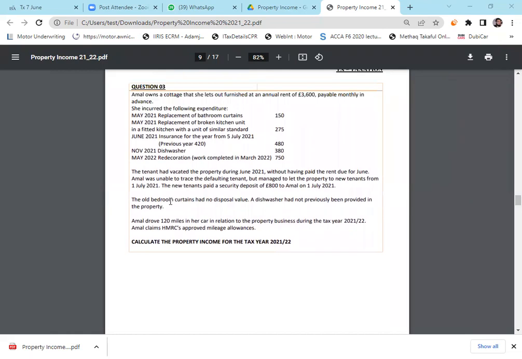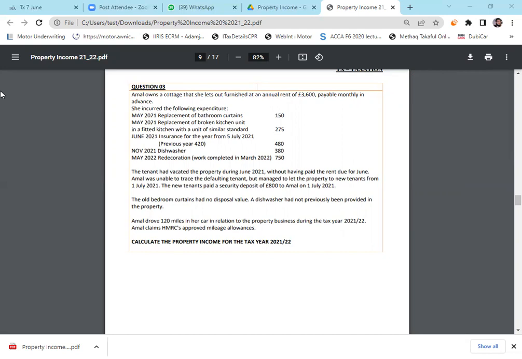Amal owns a cottage that she lets out furnished at an annual rent of 3,600 pounds payable monthly in advance. She incurred the following expenditure. May 2021, replacement of bathroom curtains, 150. May 2021, replacement of broken kitchen units in a fitted kitchen with a unit of similar standard, 275.